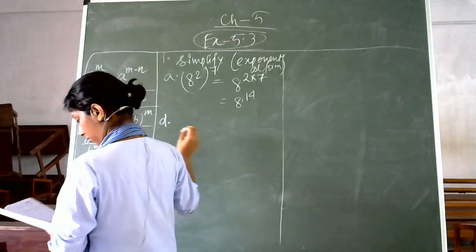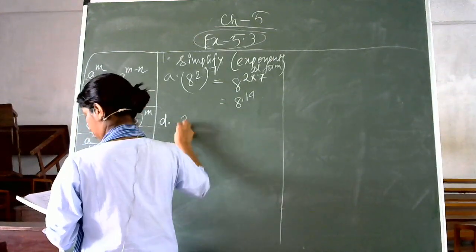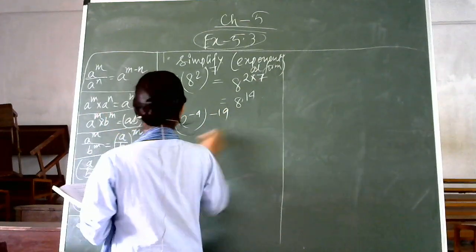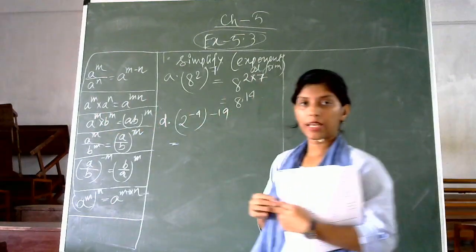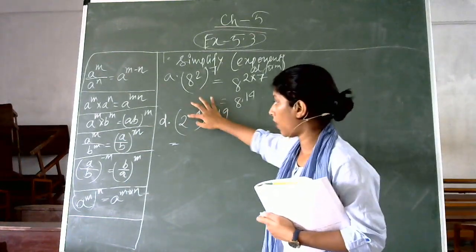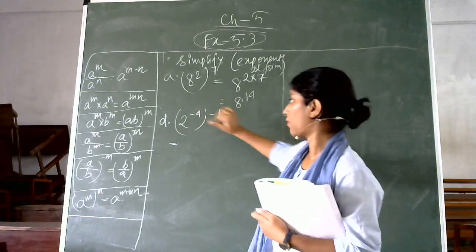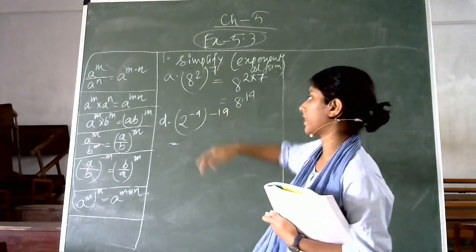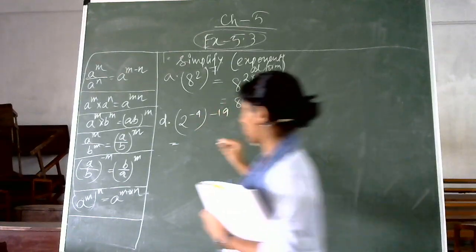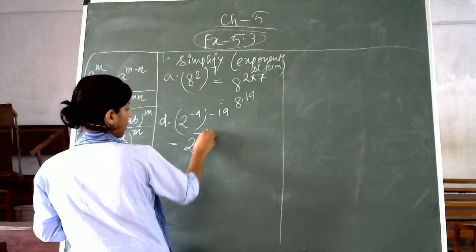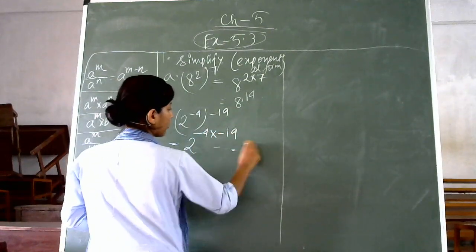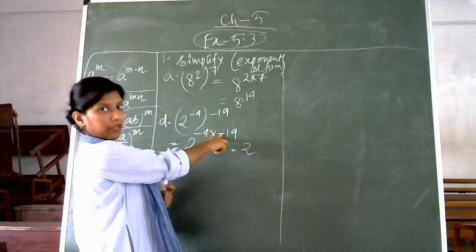Next you see 2 to the power minus 4, whole to the power. In that case, the same way, I'll be using the same method. Here one power is minus 4, the other power is minus 19, right? Again what will happen? This into this. So it will be 2 to the power minus 4 into minus 19. Tell me, minus into minus is what?